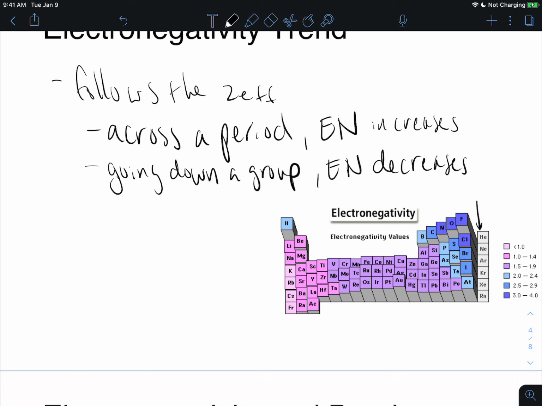And then we can see that if we have a pinkish color, we have a low electronegativity value, and as we get to blue, we get to a higher electronegativity value, and we see that increase as we're going across our periodic table, where our non-metals have very great electronegativity values, which should hopefully make sense because our metals are going to give up electrons, our non-metals are going to take electrons in a compound. So the thing that has greater electronegativity is going to pull electrons in, pulls them away from the thing that has a low enough electronegativity.